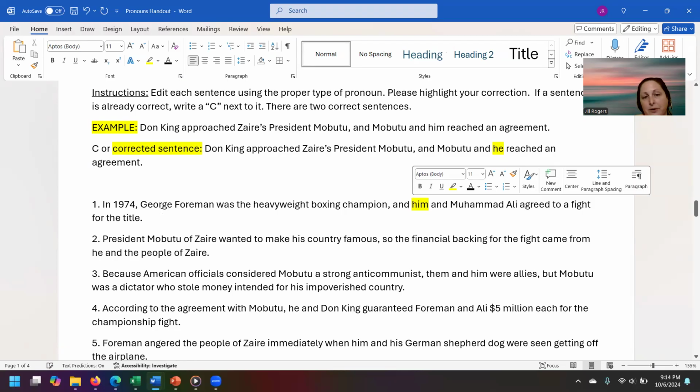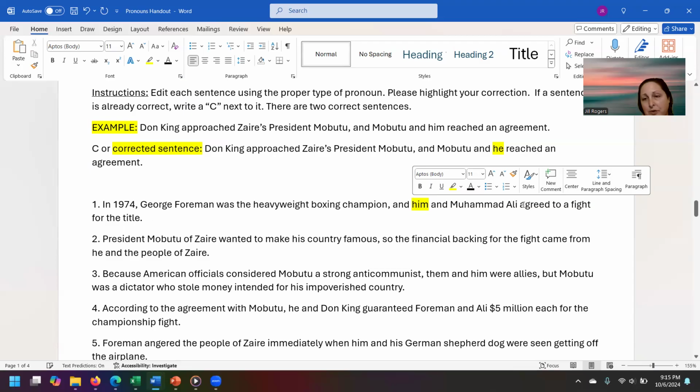So I see that this is the subject and the verb and the complete idea. In 1974, that's just an introductory prepositional phrase, it doesn't have anything to do with the subject. George Foreman was the heavyweight boxing champion. That's a complete sentence. It has a subject, a verb, and a complete idea. And then we have our fanboy here. So the next thing we need is subject, verb, and complete idea. So it says, him and Muhammad Ali agreed to fight for the title.